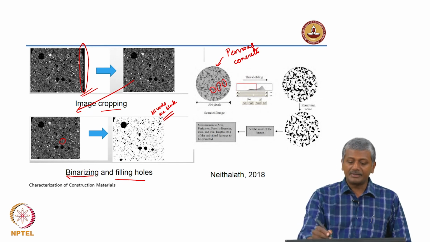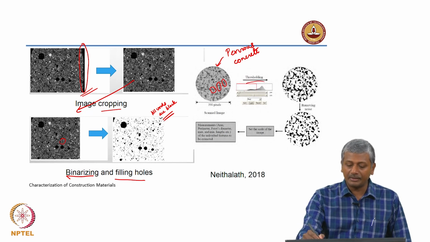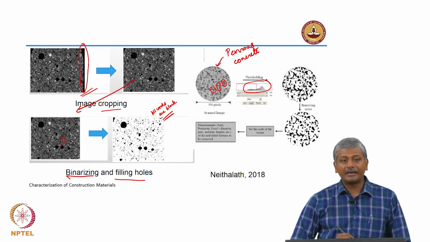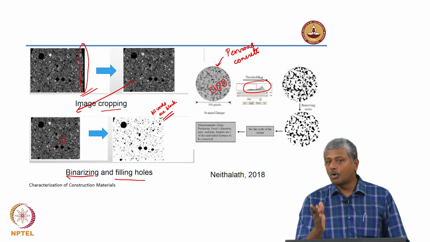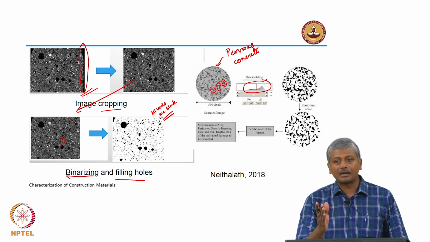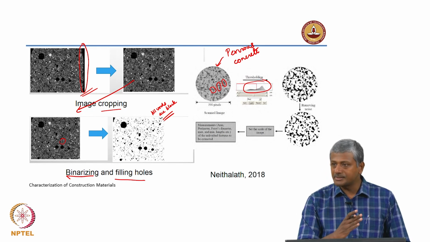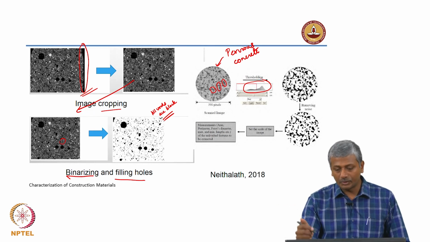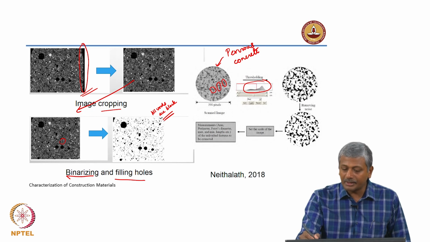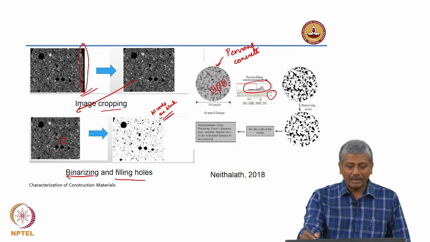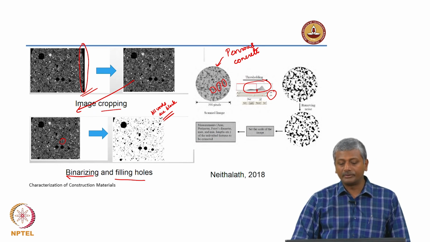So, what is done in this case is the histogram is taken, right, and a thresholding operation is done to indicate what gray level is the cutoff point for your voids and what gray level is the starting point for your solid phases. So, here for instance the thresholding gray levels are set manually and you are deciding that this point is where I want to cut off for all voids, okay.